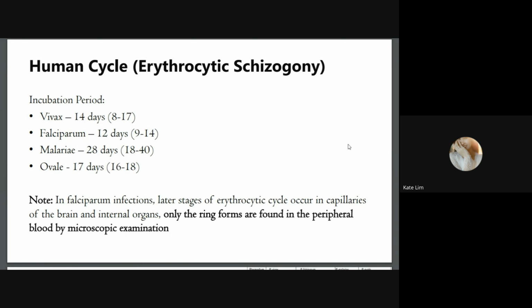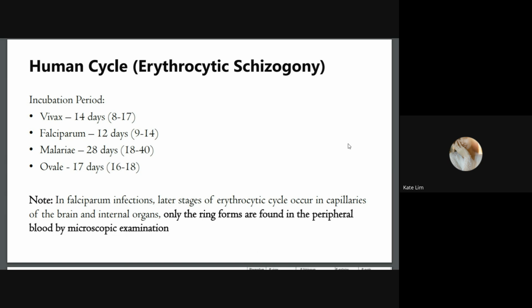So, if you have seen a PBS of a Plasmodium falciparum infection wherein you could observe mature forms, that would tell you that the patient is suffering from the severe form of malaria. Because usually, when you look at your blood smear, you'll only see the ring forms of Plasmodium falciparum in the peripheral blood smear in the ordinary malarial infection.